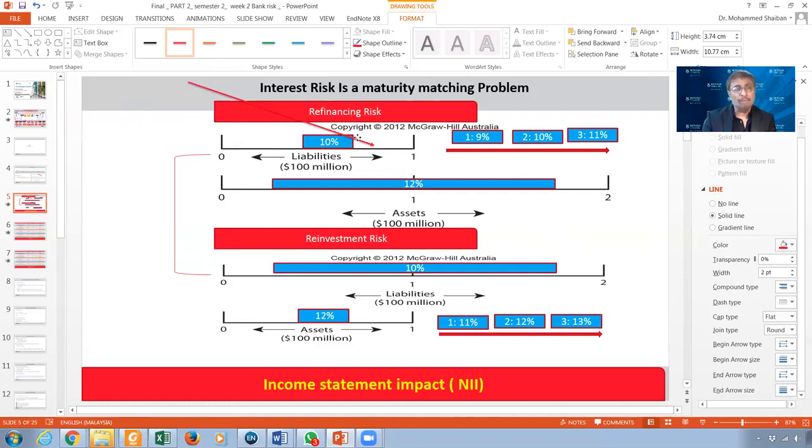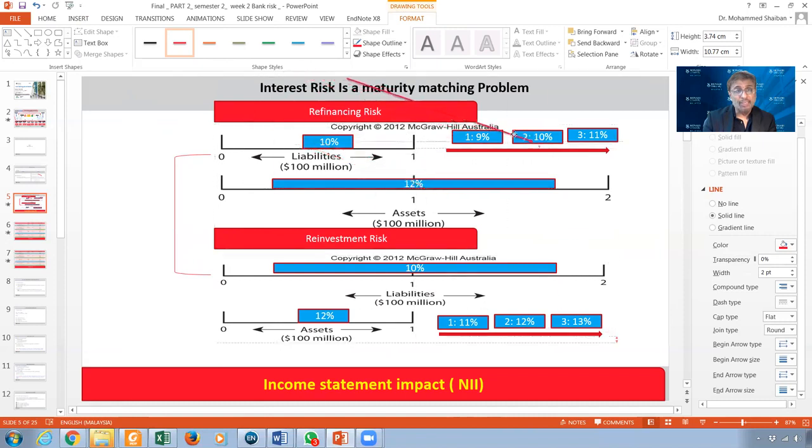Now, assuming the next year the rate will be 9%, this is 10% here, maybe the interest dropped to 9%, or maybe it stays, or maybe it goes to 11%. If I am at 9%, I'm actually gaining, because I'm now receiving 3% for the second year.